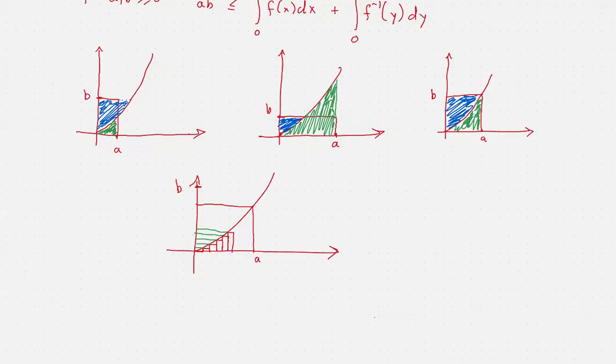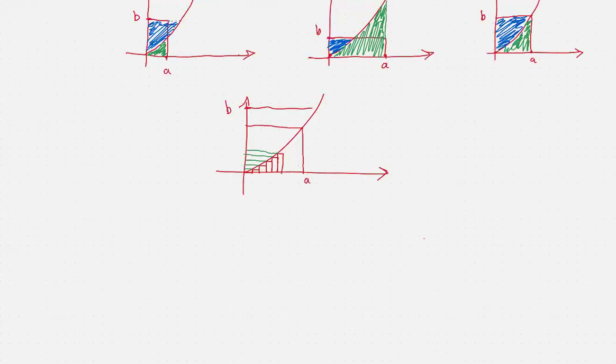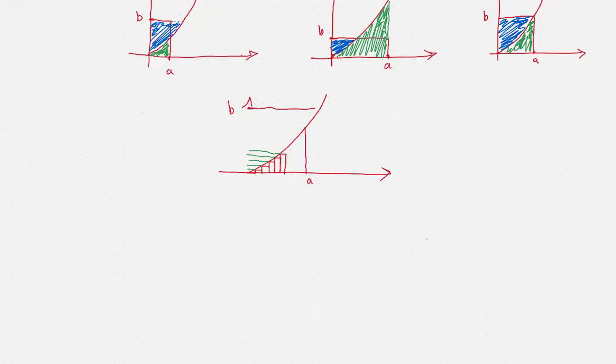And then there are the other rectangles that we get past B. Oops, sorry about this. The other rectangles that we get past B are giving us the extra area that eventually forces the inequality.